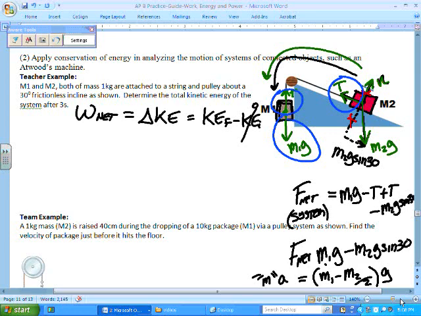Well, we know that work net is going to be F net times d cosine of the angle between the force and the displacement, which here is just 1, so we don't have to worry about that. And we had an expression for F net, so that F net was m1 minus half of m2 all times g. Now that's just F net.